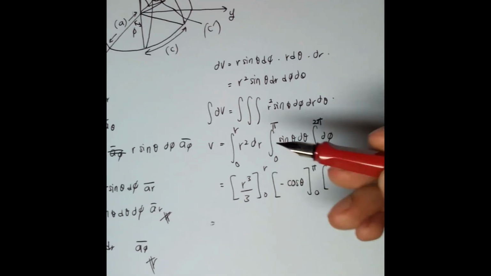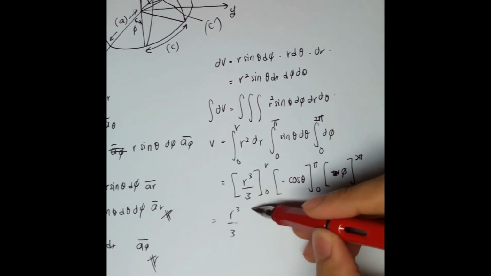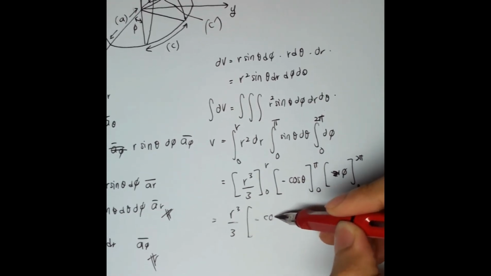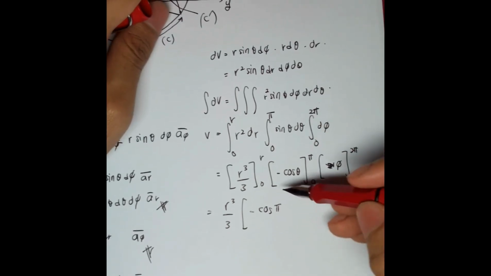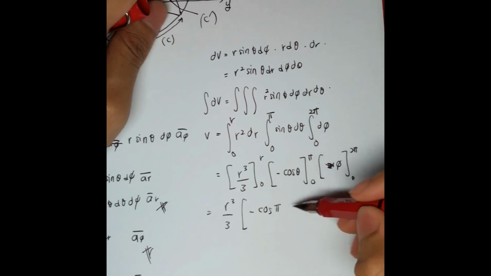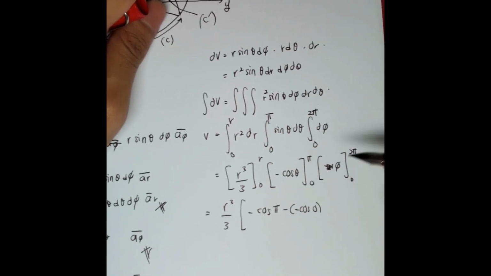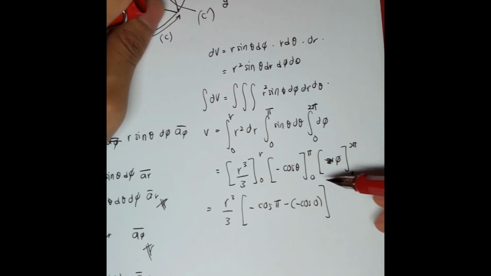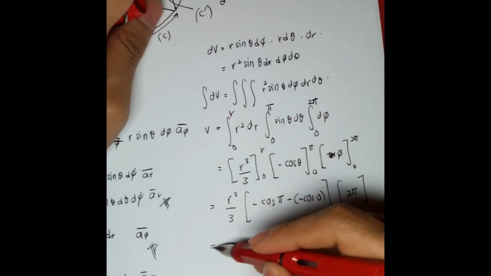This we should get r cube over 3, times negative cos theta from 0 to pi, which should be 2, times 2 pi.